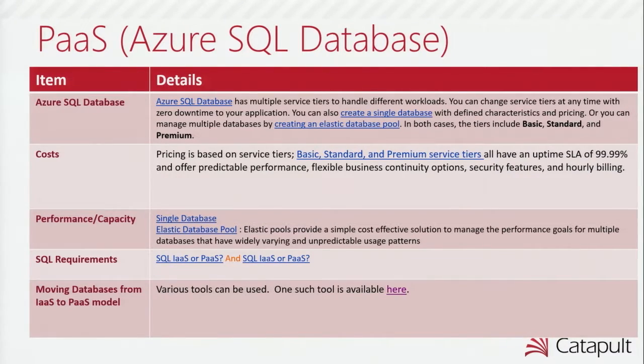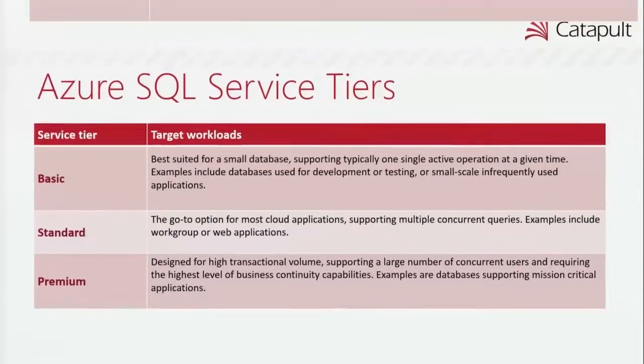You just need to copy that file up there, restore the SQL database onto your SQL VM running in Azure, and then when you're ready you can do some testing and start thinking about porting it off the VM into the platform as a service offering 3 months later if you want, right? So there is a transitional path there. There's tools to help you move away from IaaS to PaaS if that's what ultimately you'd like to do.